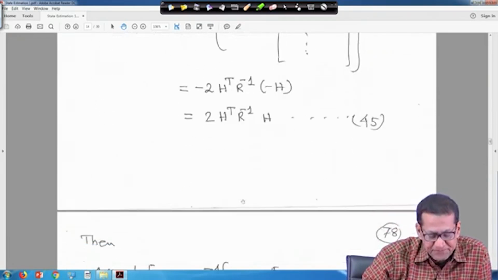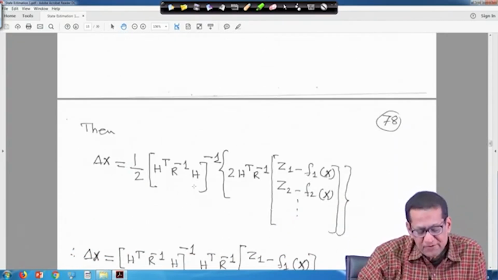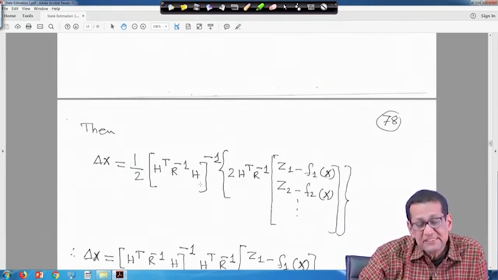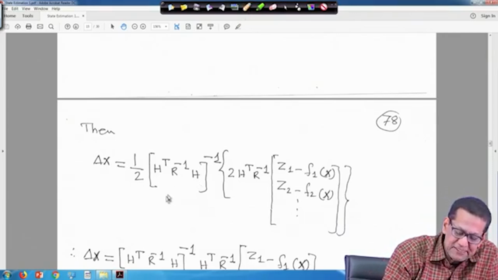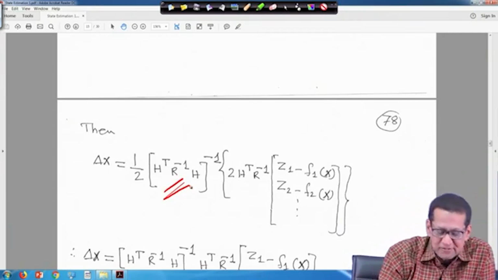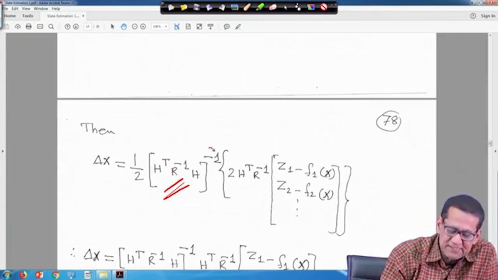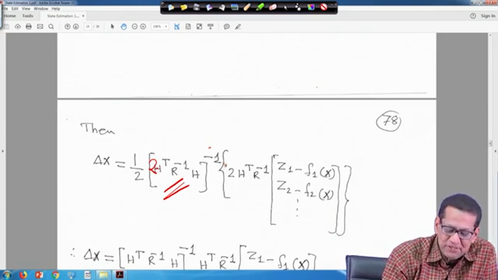Next, we know that delta x is equal to g dash x inverse, right. G dash x is nothing but the gradient's derivative, that is del x of gradient of J x. So, that is H transpose R inverse H inverse, and 2 was there. Because of this 2, when we take the inverse it becomes 2 inverse, that is half.